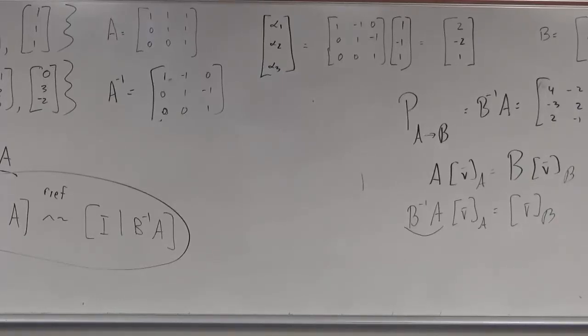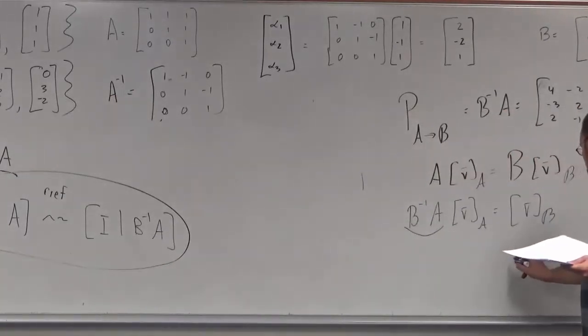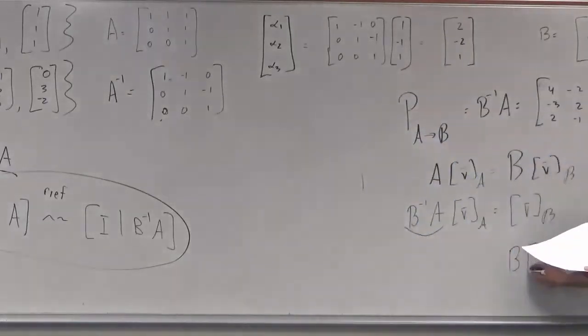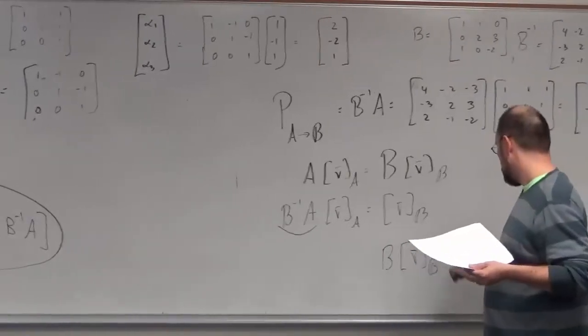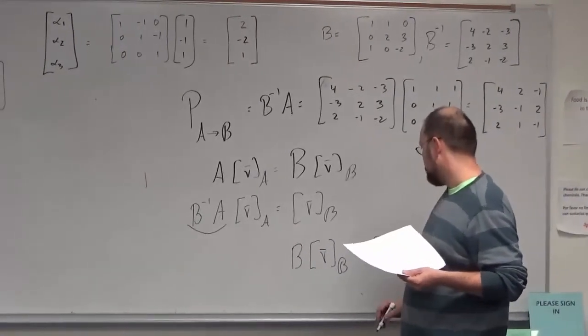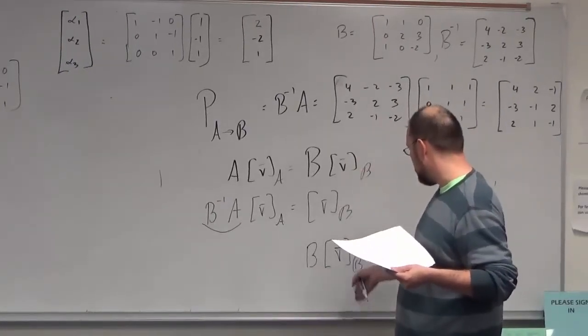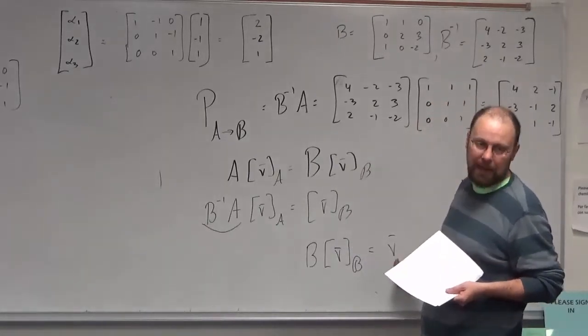In terms of matrix multiplication, we should have gotten the vector V. So the basis elements times the coordinates relative to basis B should give you the original vector V, the actual vector.